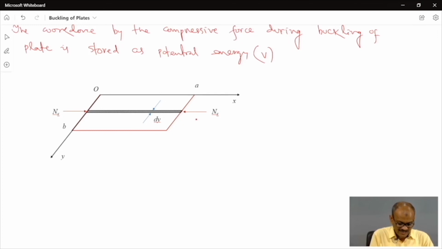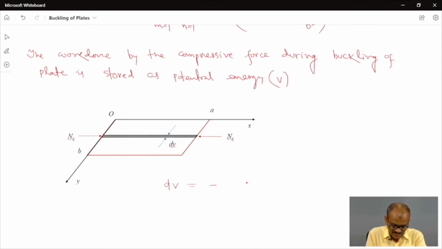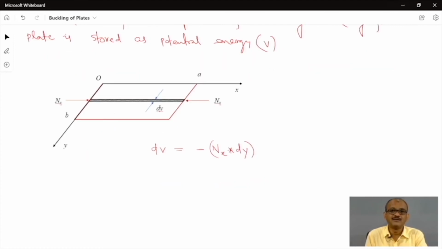We can refer to this figure to find the total potential energy. Here I have taken a small thickness dy of the plate which is acted on by Nx, and in this case you can calculate dV. I am writing minus because work done is negative. This Nx is for unit length and this length we consider dy. So Nx multiplied by dy is the force, and that force has gone through the shortening, caused by the application of the load.